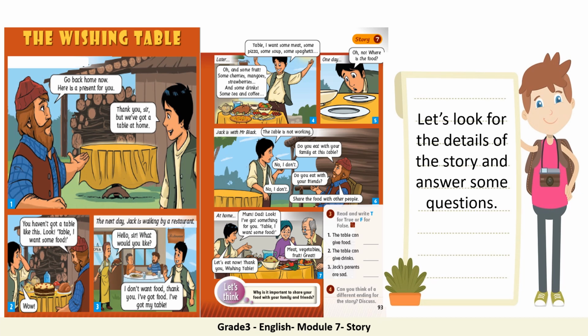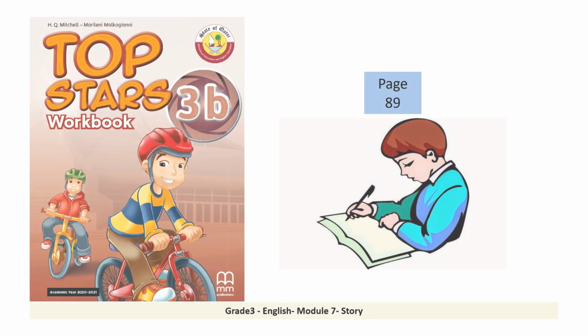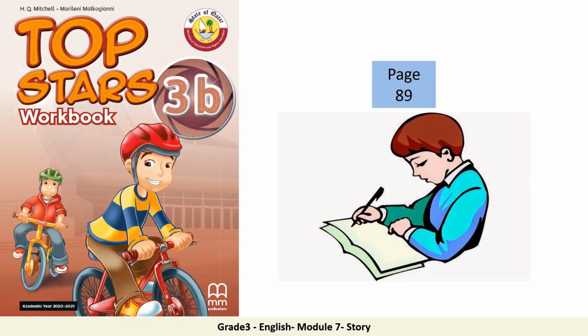Let's practice the main skill for today's lesson, which is reading, and look for the details of the story and answer some questions. You may open your workbook, page 89.